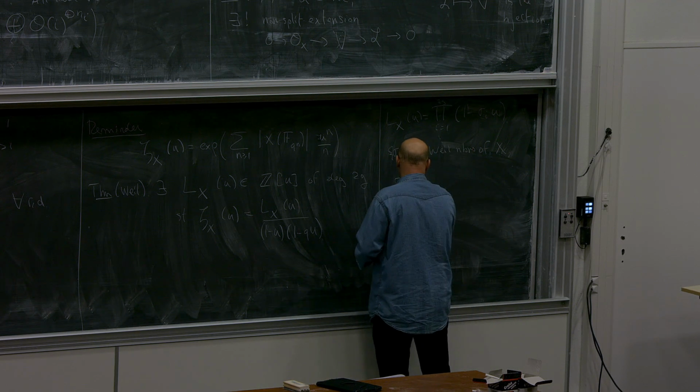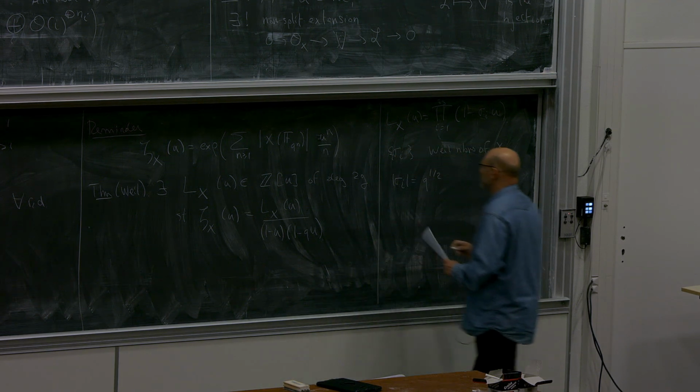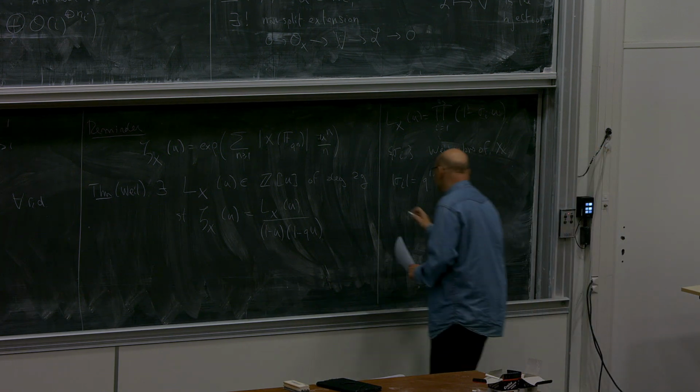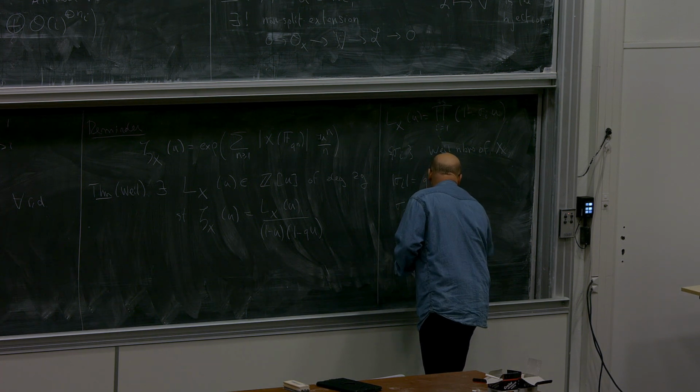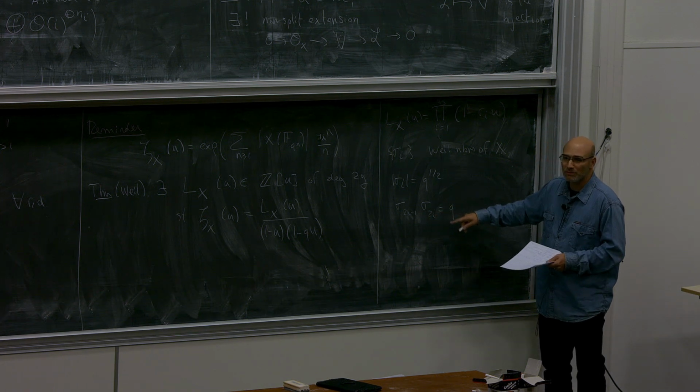Namely, they are all of absolute value q^{1/2}, and they come in complex conjugate pairs. So you can reorder them such that sigma_{2i-1} times sigma_{2i} is equal to q.